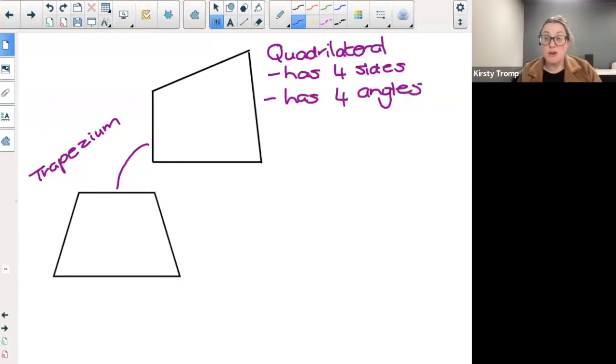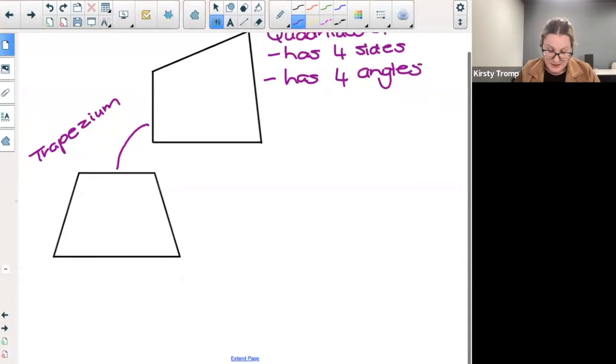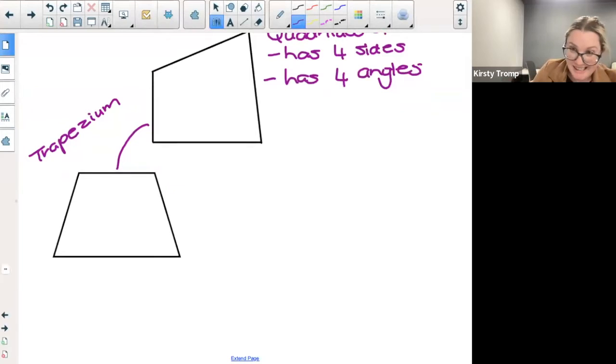If we're making some notes on the trapezium, we can say that a trapezium is a quadrilateral.